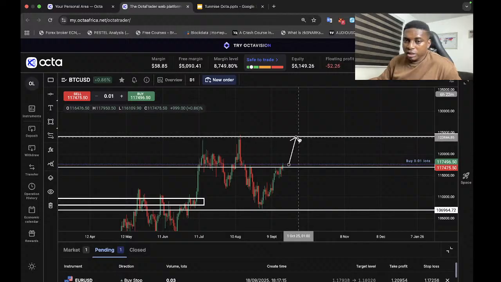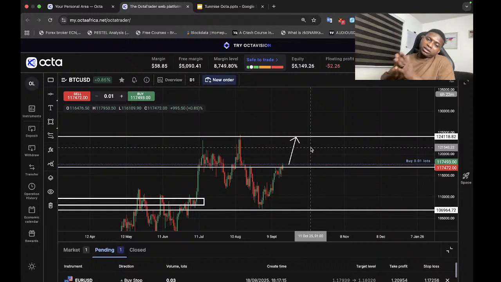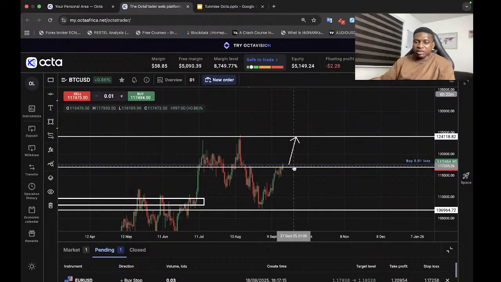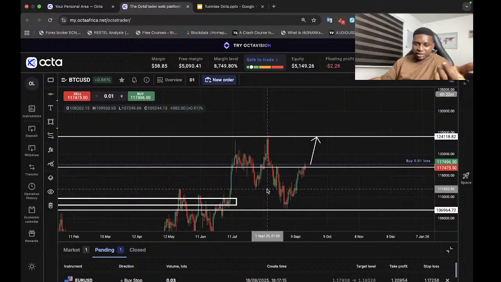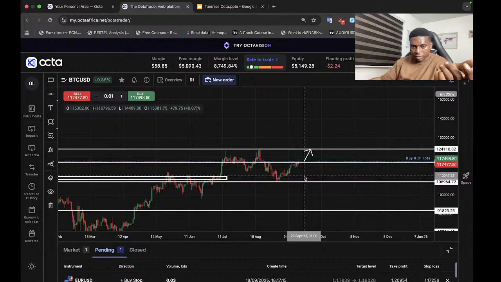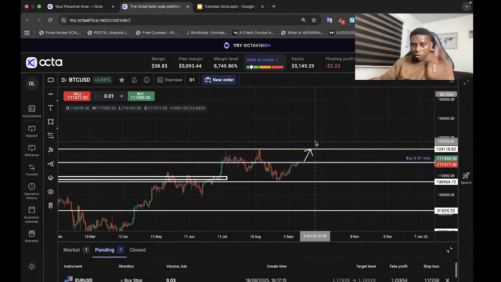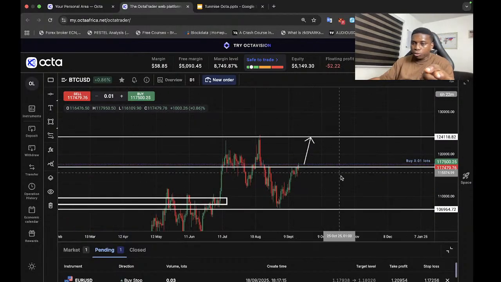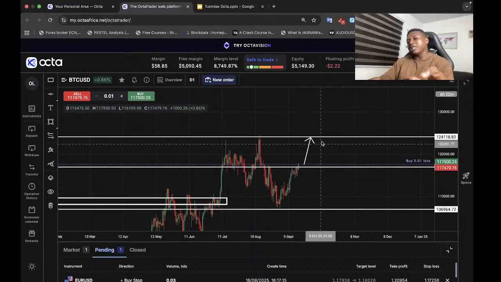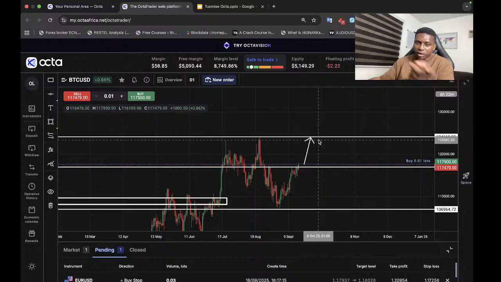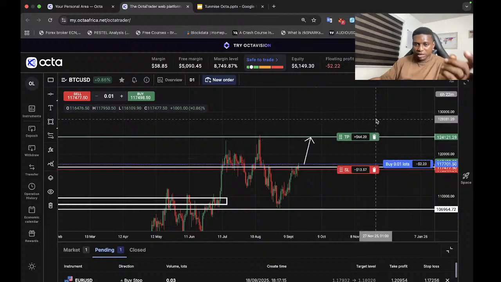We looked at the higher probability scenario that BTC would go up here. BTC bounced off from a support zone, increasing the likelihood of it touching 124k. And if there's any reason for it to pull back, our take profit is already set and we are already in profit. Do you get that?